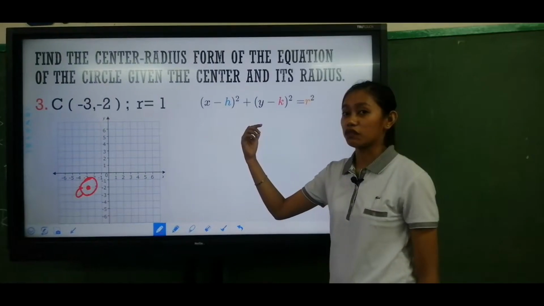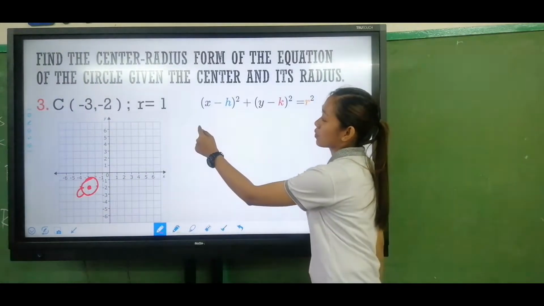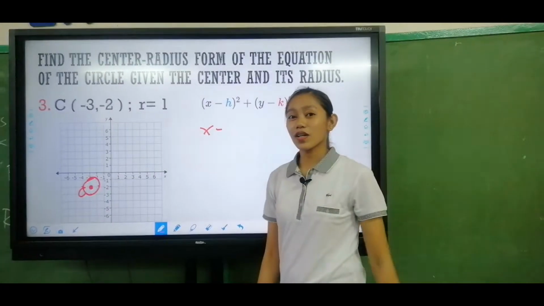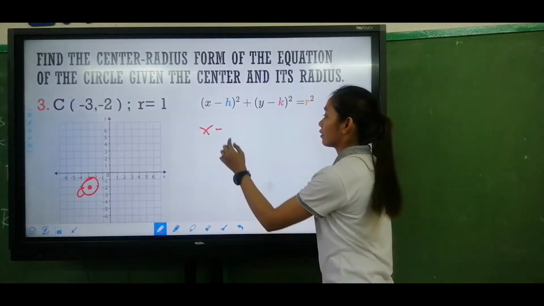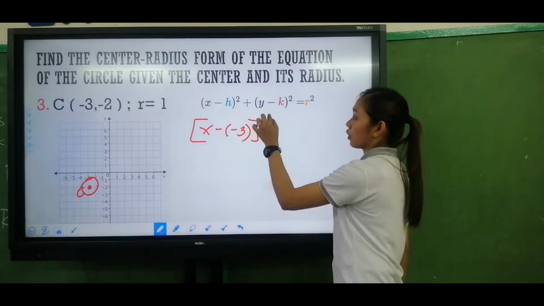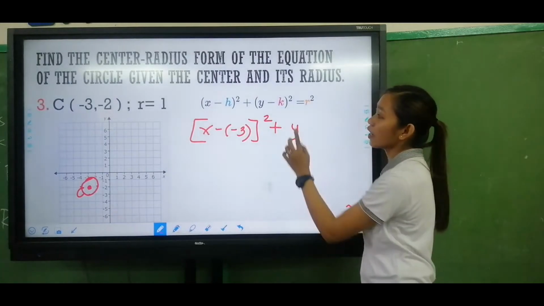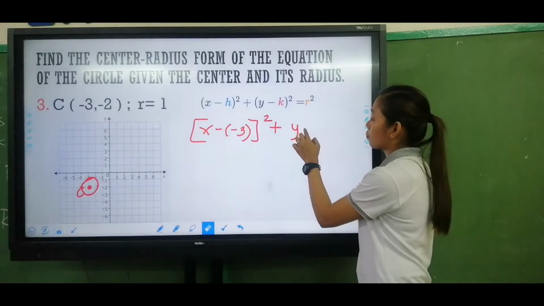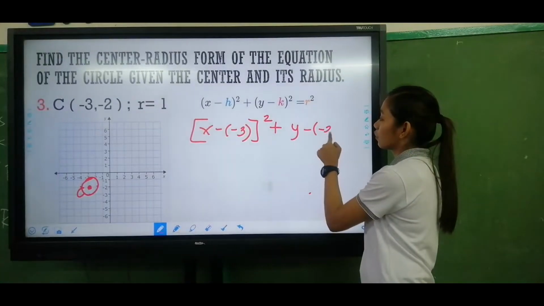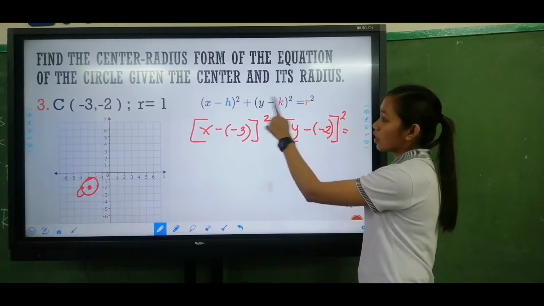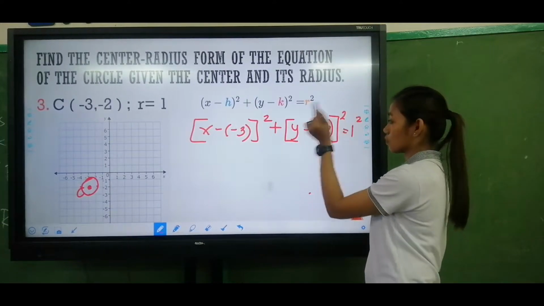Next, let's solve. Find the center-radius form. Substitute x minus h. Our h, or the x-coordinate of your center, is -3, then squared, plus y minus the y-coordinate, which is -2. So minus -2, squared, is equal to your r, which is 1 squared.